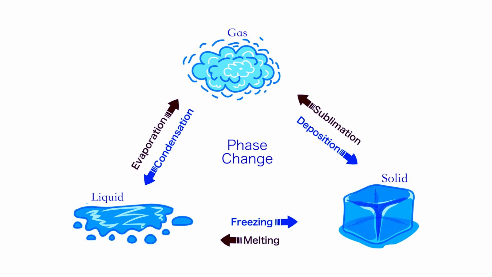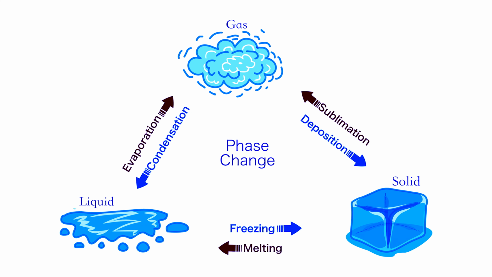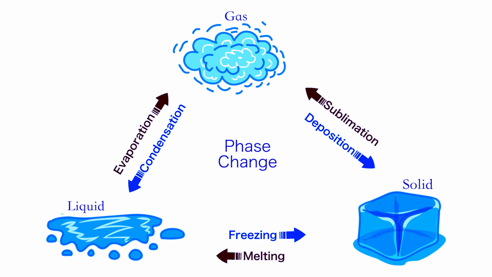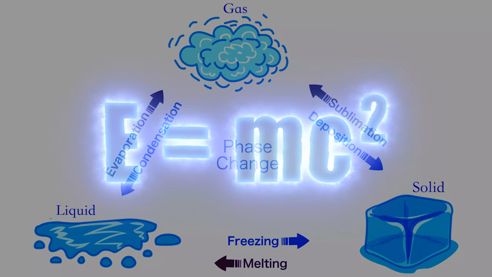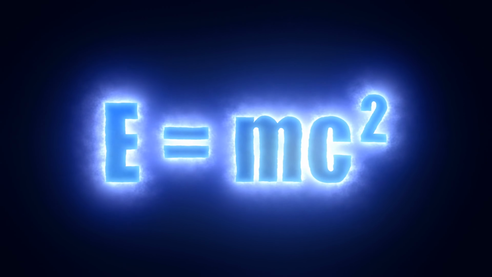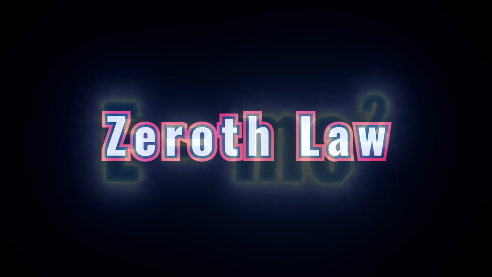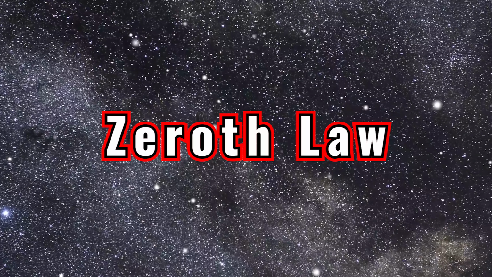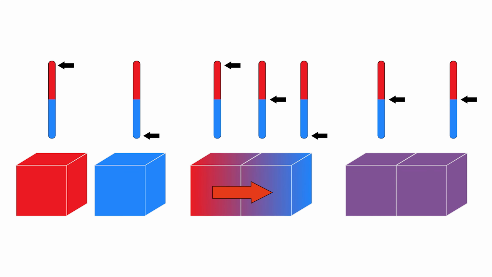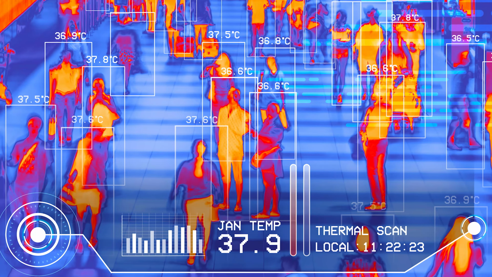The Zeroth Law quantifies energy, the agent of all transformation, through its thermal effects. Since matter and energy are the building blocks of the universe, this law connects them using the shared concepts of temperature and equilibrium.